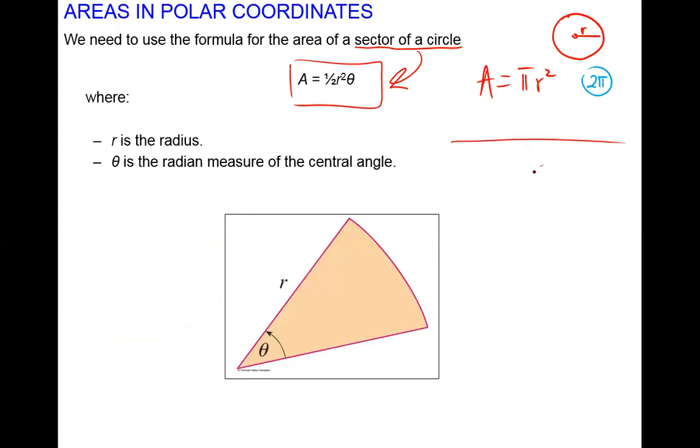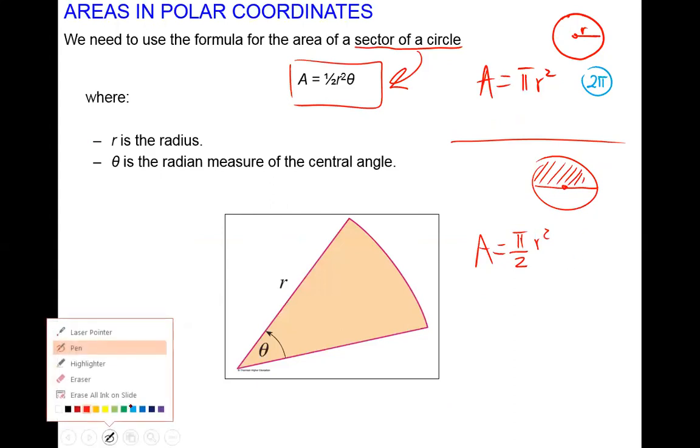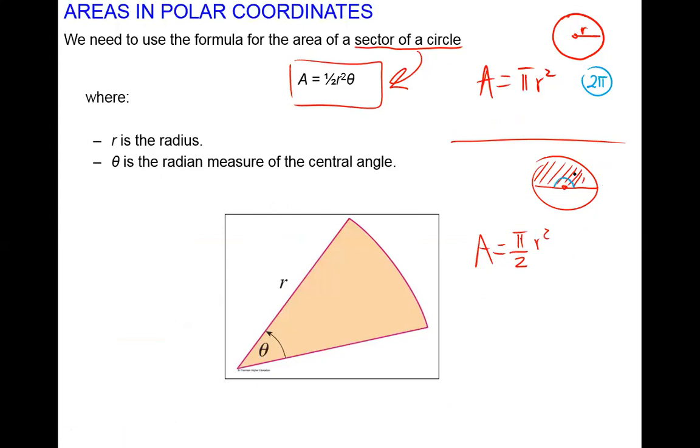What will be the area of the half of the circle? Can we simply say pi r squared over 2? Of course, I can take the entire formula, pi r squared over 2. And now half of the circle corresponds to the angle 180, pi.